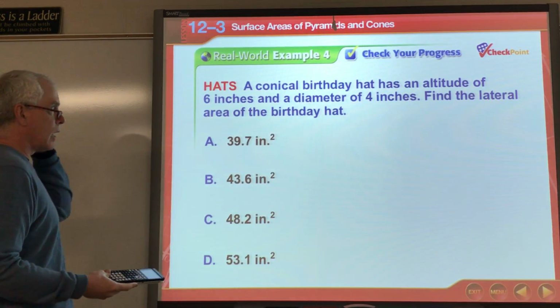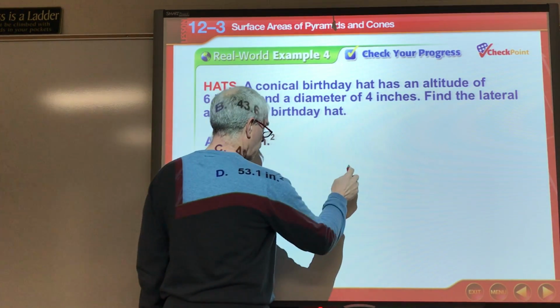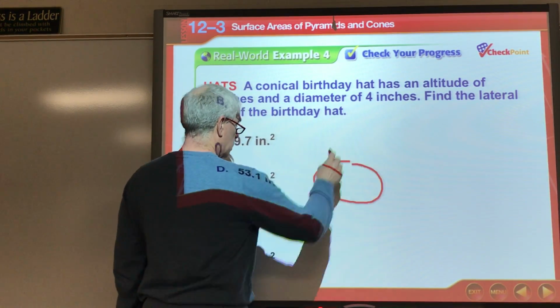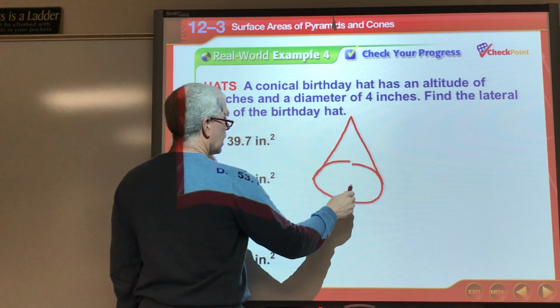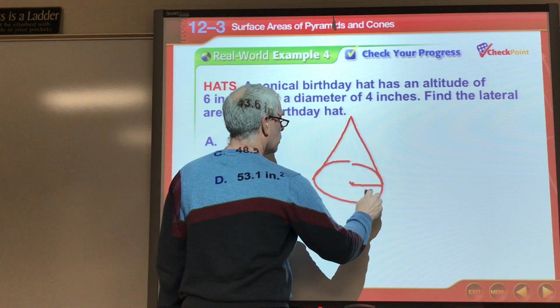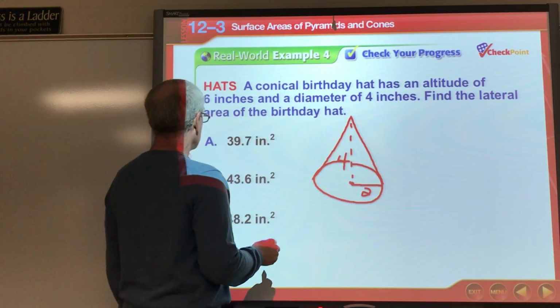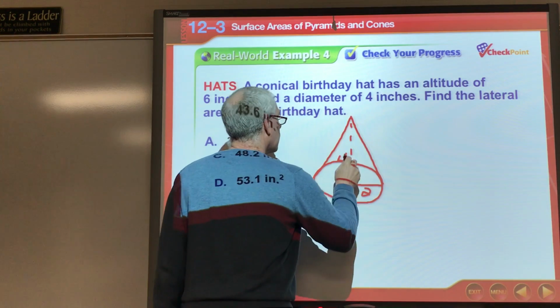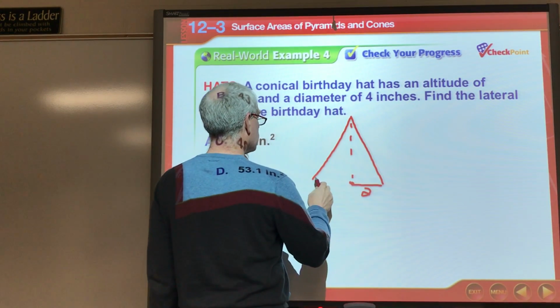Okay, a conical birthday hat has an altitude of 6 inches and a diameter of 4. So I'm going to sketch this for you. Okay, so a diameter of 4 means our radius is 2, and our altitude was 6 there.